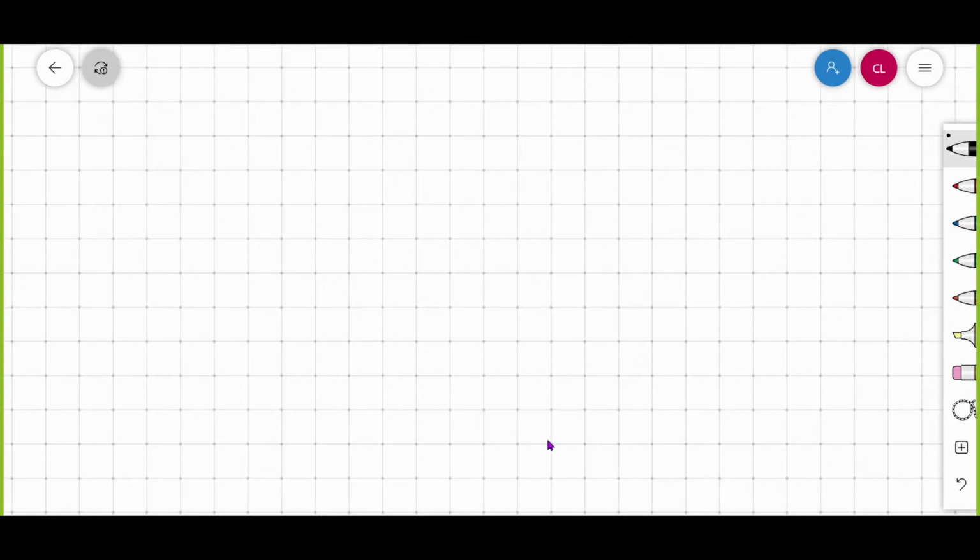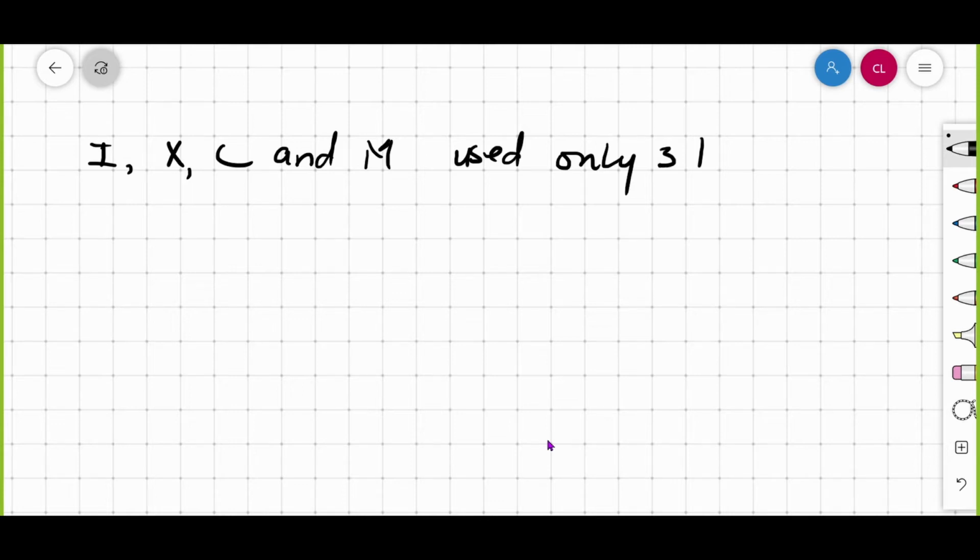The letters I, X, C, and M can only be used three times. For example, XXX is correct, right?